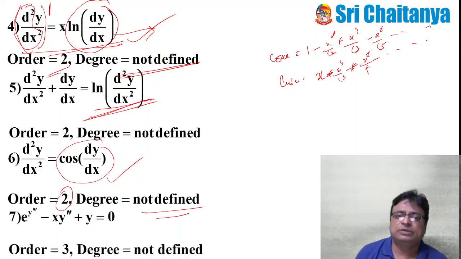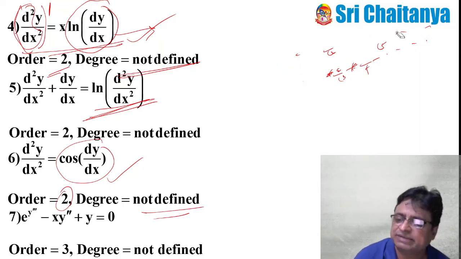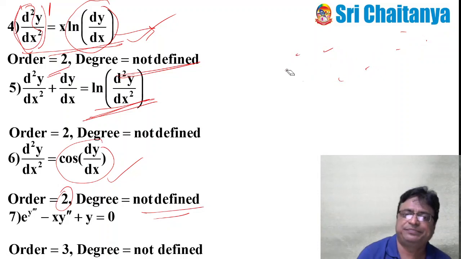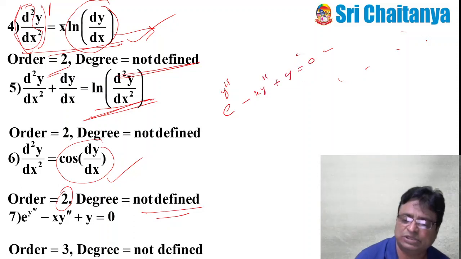Now coming to the seventh example, e power y double dash minus x y double dash plus y equals 0. This I can write as e power y double dash is equal to x y double dash minus y.